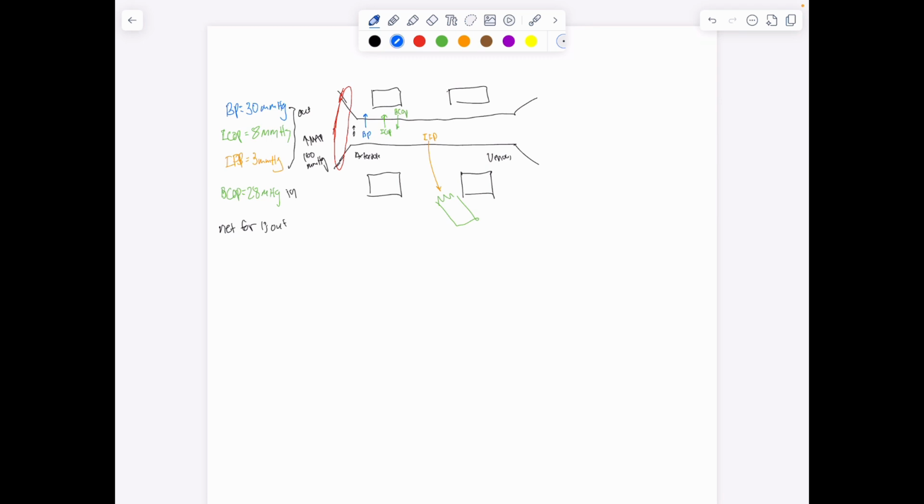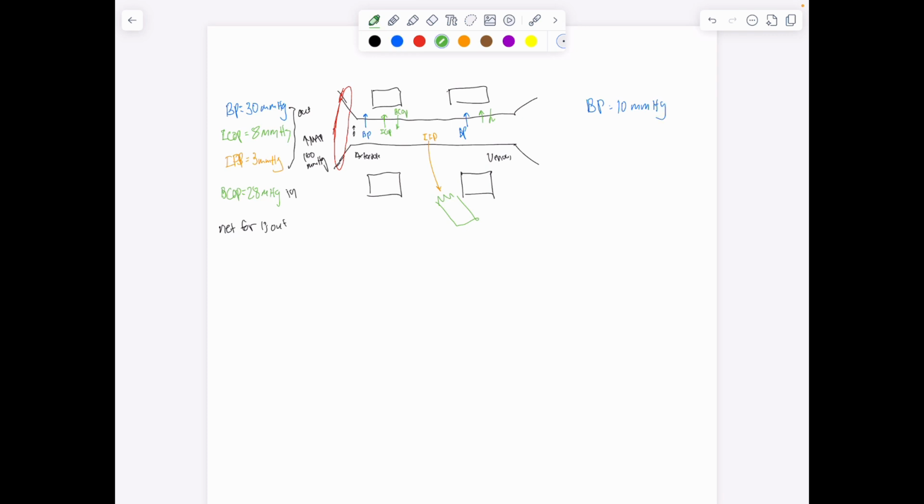And this is very similar on this end, so I'm just going to draw these same arrows. The only thing that's going to change is our blood pressure, and now it's going to be 10 millimeters of mercury.